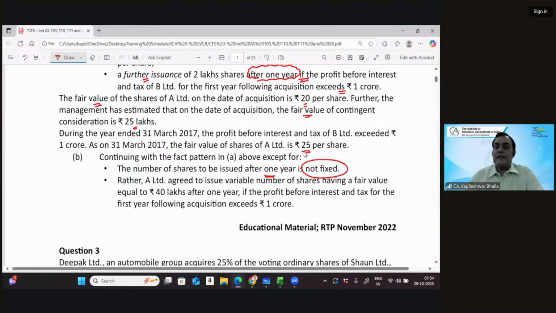Earlier, we were giving a total of 2 lakh shares, a fixed number. Now A agreed to issue a variable number of shares with a fair value equal to 40 lakhs after 1 year, if the PBIT for the first year exceeds 1 crore.